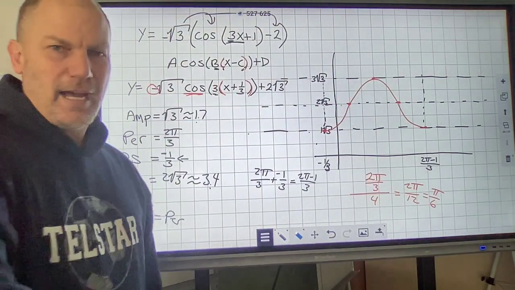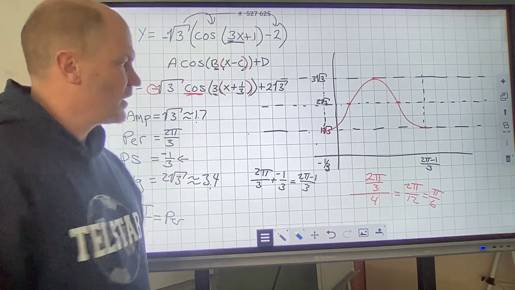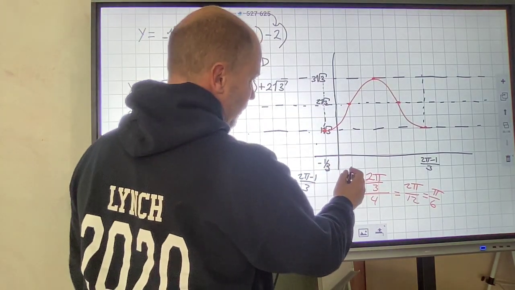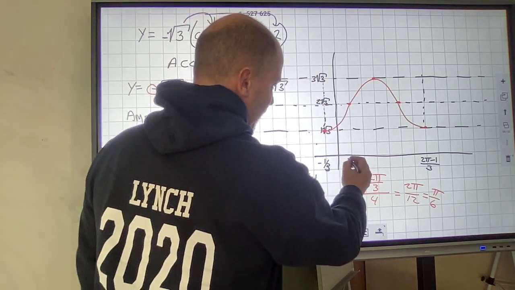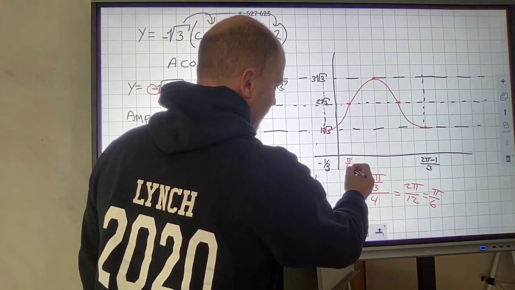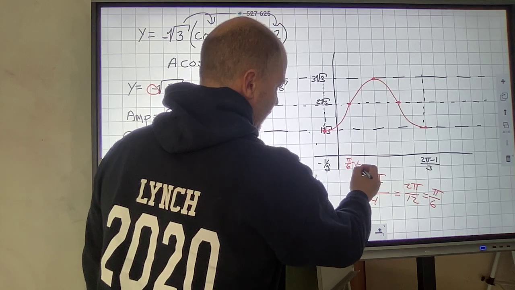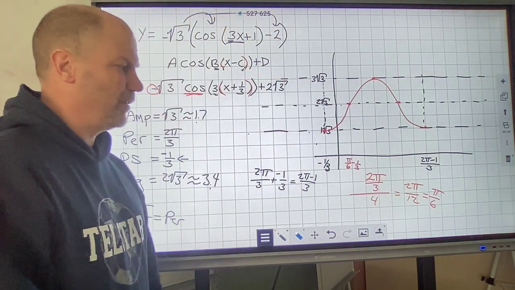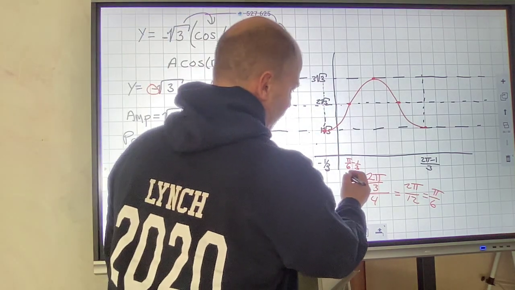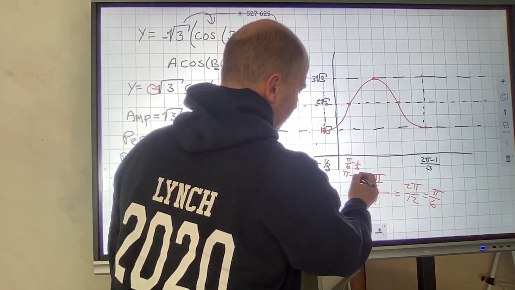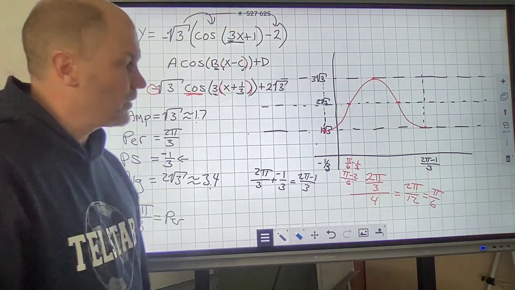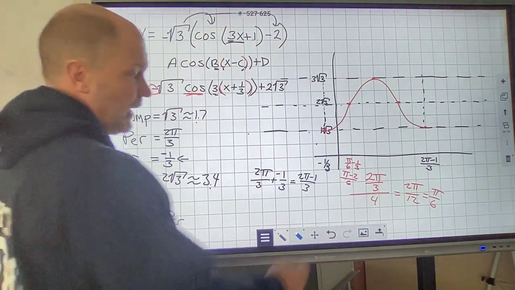So I can just keep adding pi over 6's to this. So I know that this value here is going to be pi over 6 minus 1/3. I could find a common denominator if I wanted to and simplify that a little bit. I guess I'll do that for you for this one, pi minus 2 over 6. Those are the same numbers. But then I just have to add pi over 6 to this.